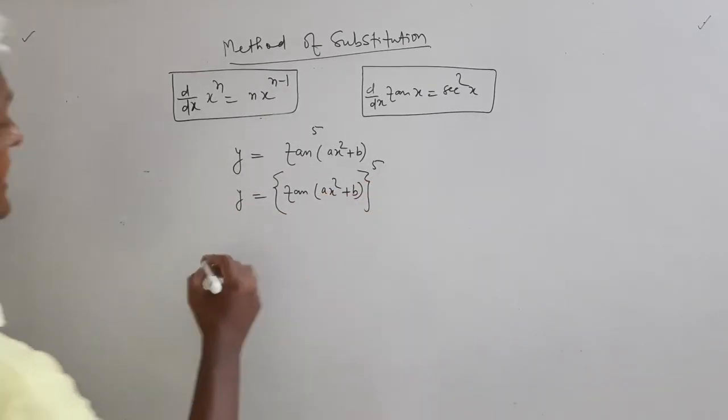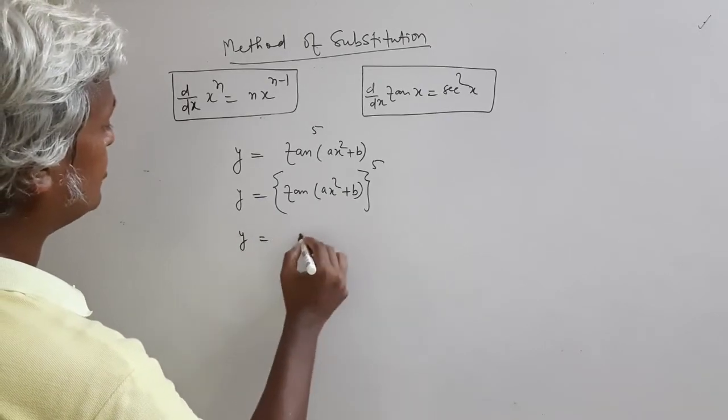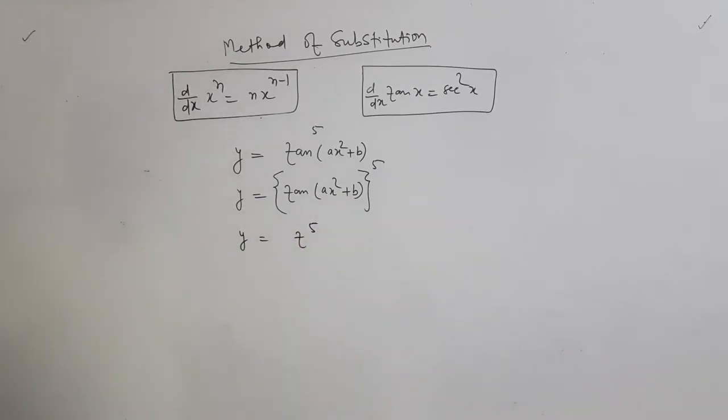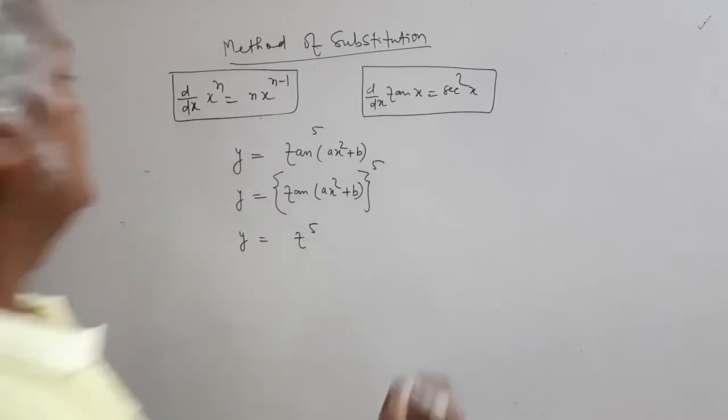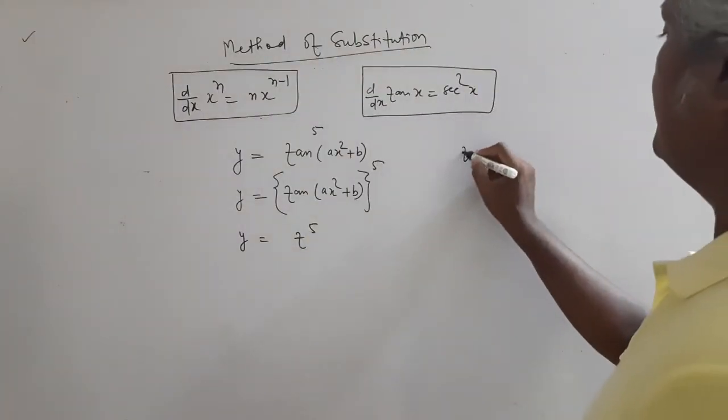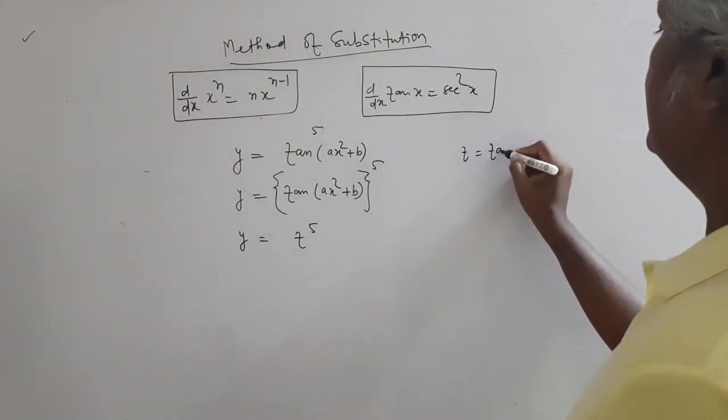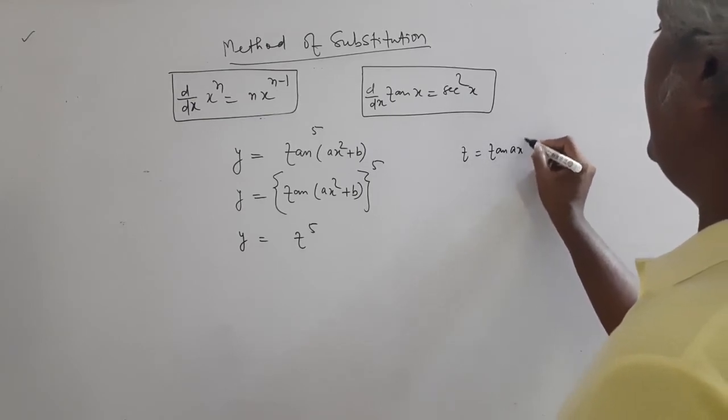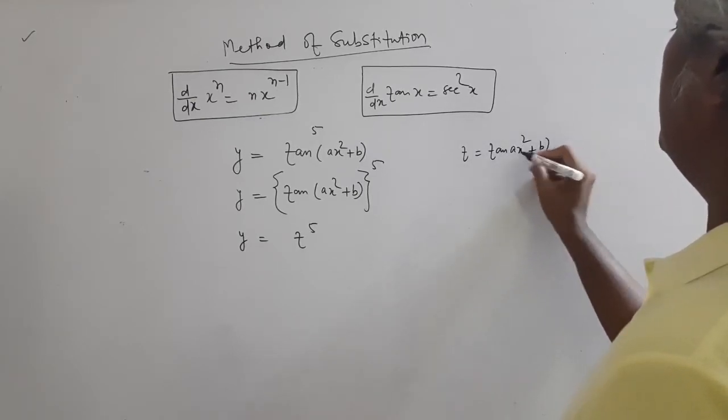So suppose I write y equal to t to the power 5, what does it mean? It means I have assumed t as tan of ax square plus b.